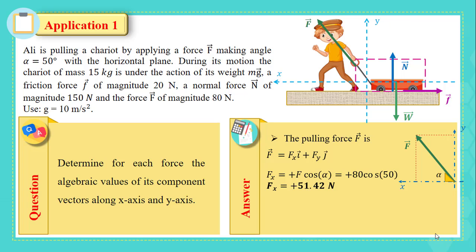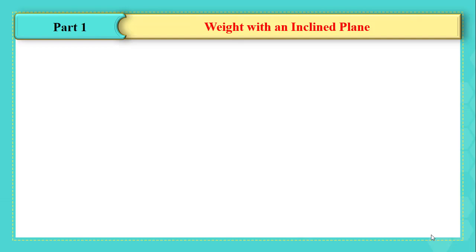Since Fx has the same direction as the x-axis, then Fx is equal to plus F cosine alpha, which is equal to 80 cosine 50, equal to 51.42 Newton. To find the y component, we have to find the projection of F on the y-axis, and since it has the positive direction of the y-axis, then Fy is equal to F sine alpha, which is equal to 61.28 Newton.